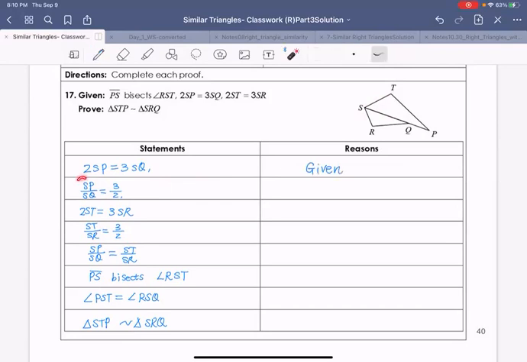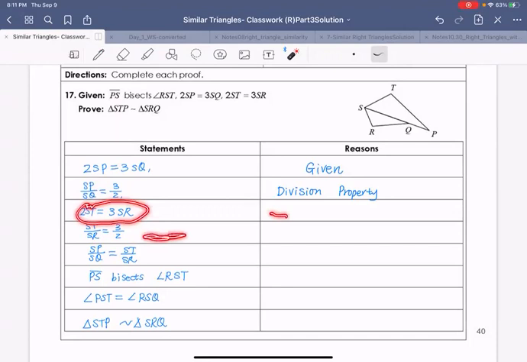Okay. Read the next one. SP over SQ equals 3 over 2, because division property. Yes. Next. 2ST equals 3SR, given. Good.